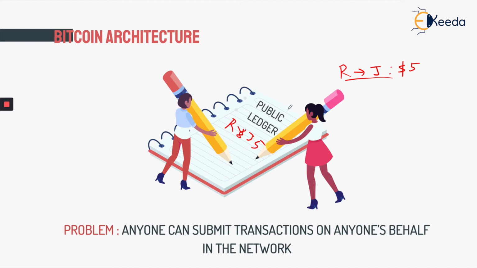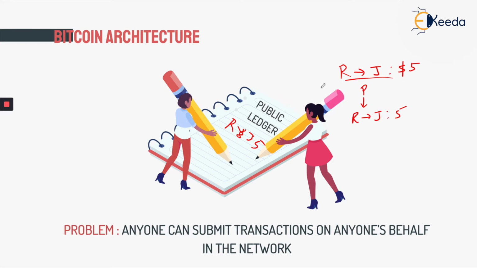Since it's a public ledger, there is no bank and nothing. Anyone in the world, let's say Patrick, can come in and enter "Raghu sent John $5" in the system. Nobody is stopping him from doing it. Once he enters it, it will go into all of the public ledgers because they are connected and stay in consensus.